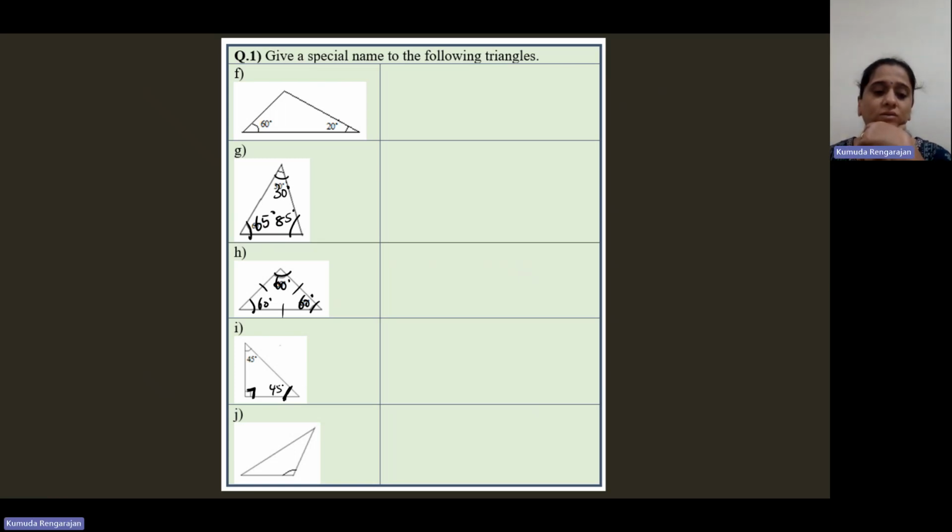Now in a triangle, when two angles are equal, the sides opposite to them also will be equal. Now which is the side opposite to 45 degrees? This one. The side opposite to this angle, 45 degrees, this one.